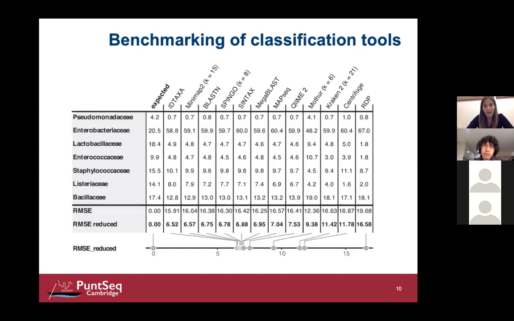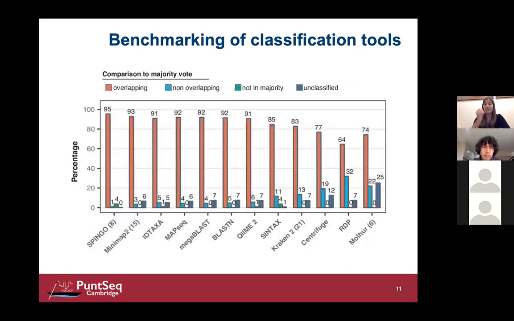We, however, also validated this not only on this positive control, but also on a freshwater sample. So what you see here is that we benchmarked the very same tools on a freshwater sample. Obviously, in a freshwater sample, we don't know what the expected bacteria or their compositions are. So what we decided to do is a majority vote.